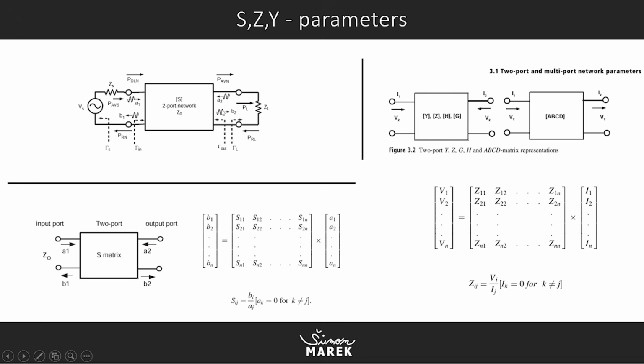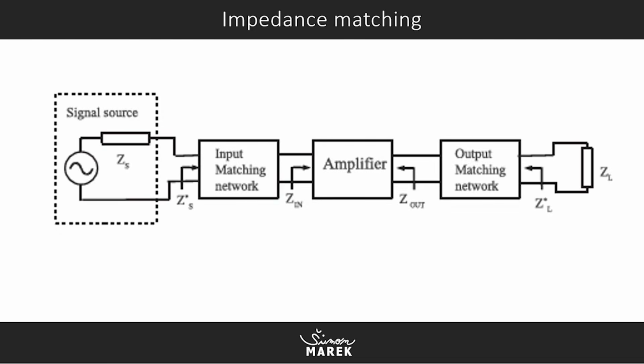This is S22, and this is really a reflection. There is output to the signal, there is output to the load, and there is, I think, reflection or something. Yeah, so this is our S matrix, and from this we can make impedance profiles and stuff like this if we want to.